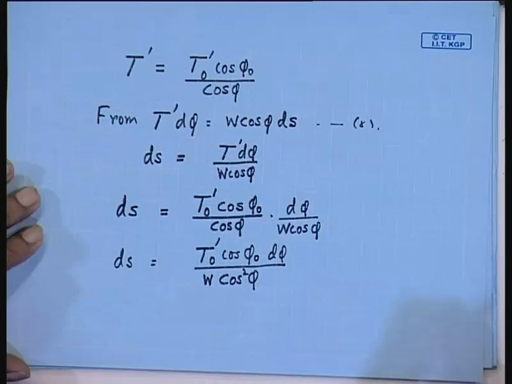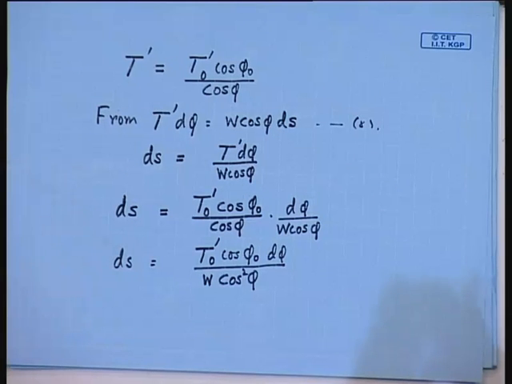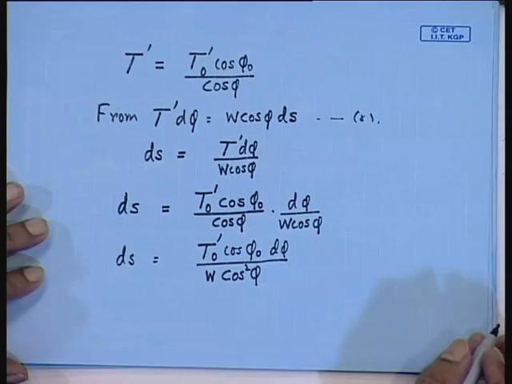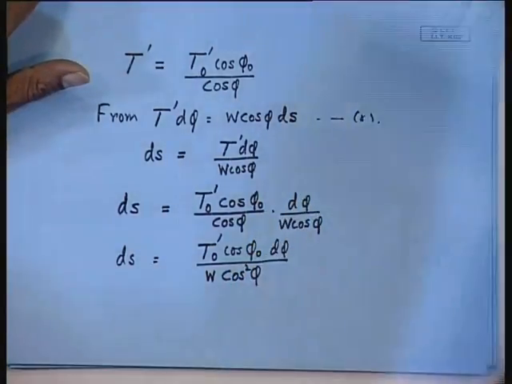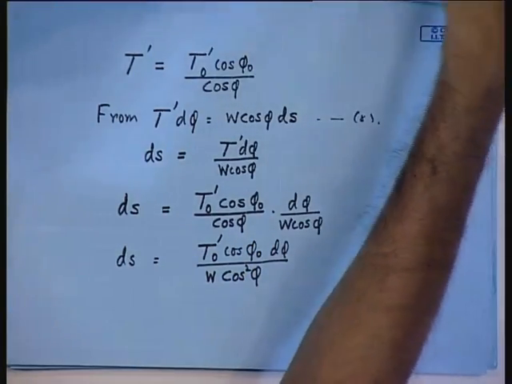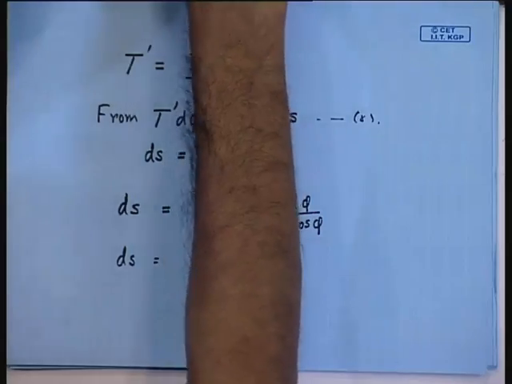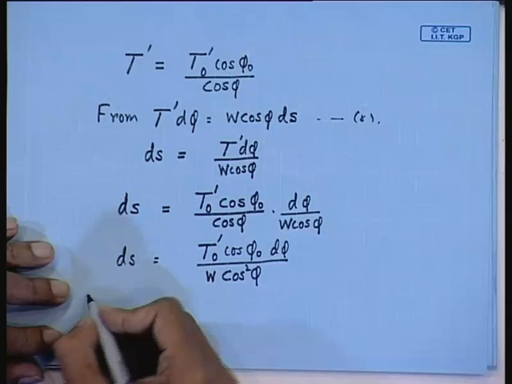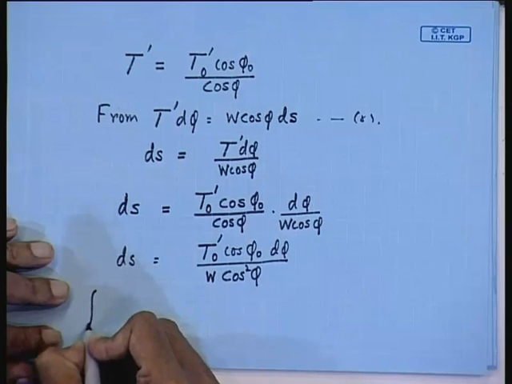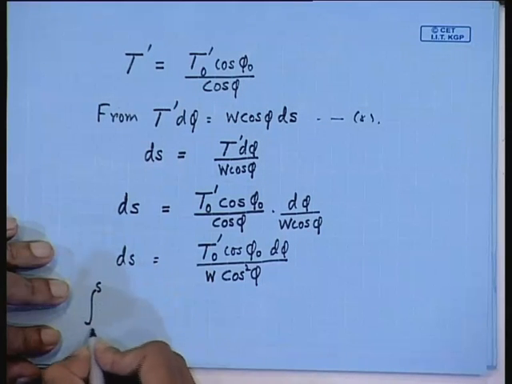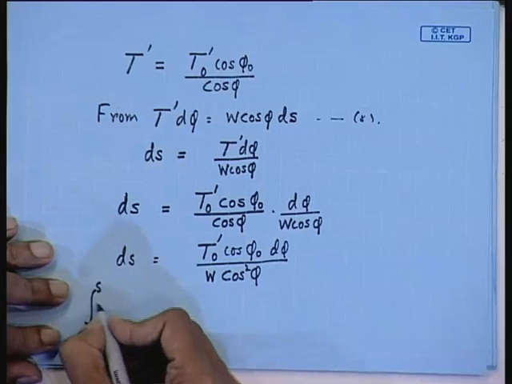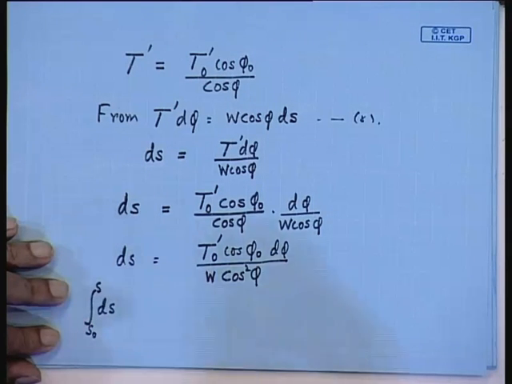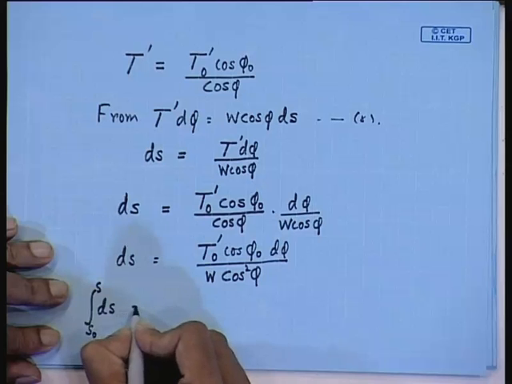Now you integrate this expression. We are interested in calculating the length of the chain cable, but for which portion? The portion that is the catenary portion. So you put the limits of integration as S and S naught.